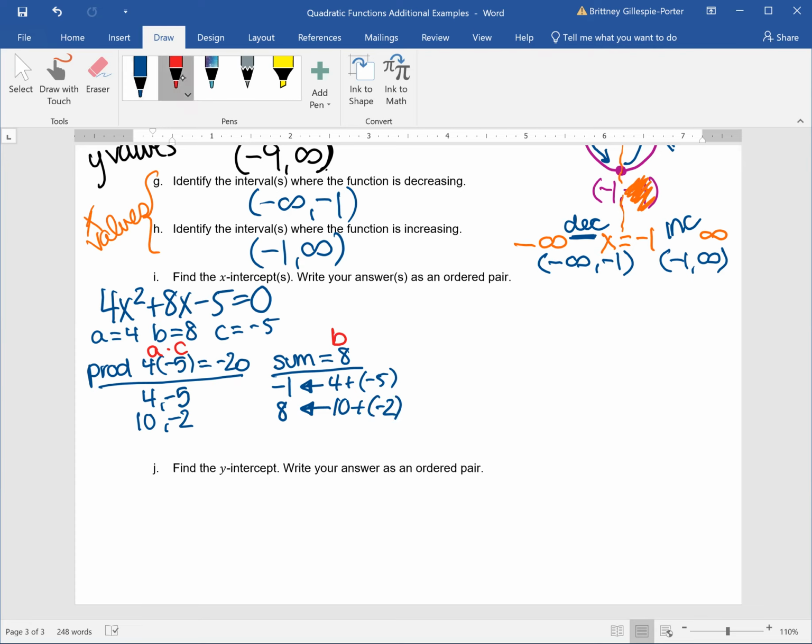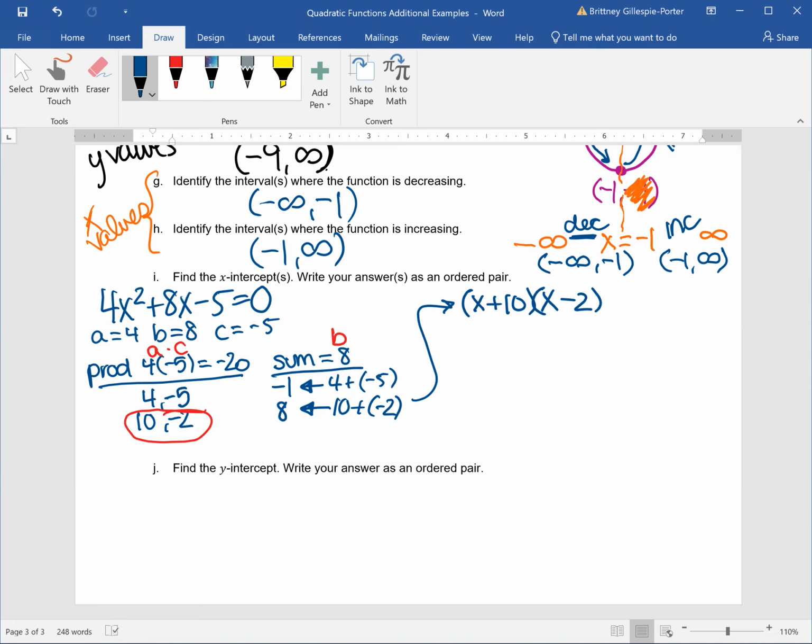Because I found my magic numbers, I'm done with this part and I can go into my factors. I apologize for continuing to jump. So from here, because my 10 was positive, I'm going to have x plus 10. My 2 was negative, so x minus 2.